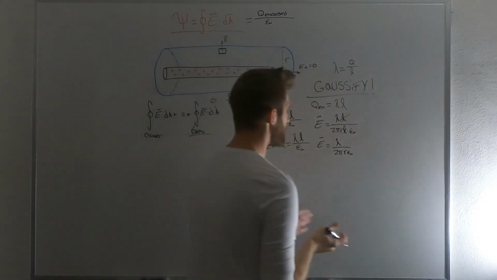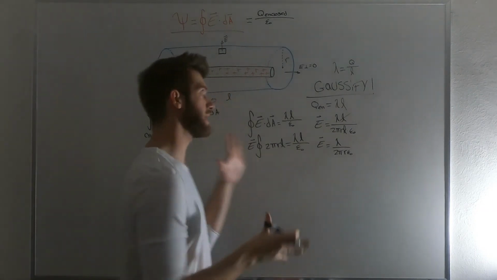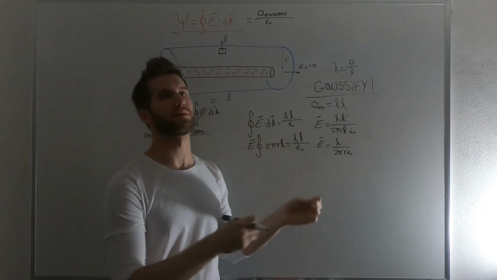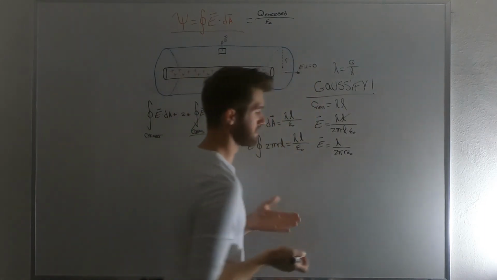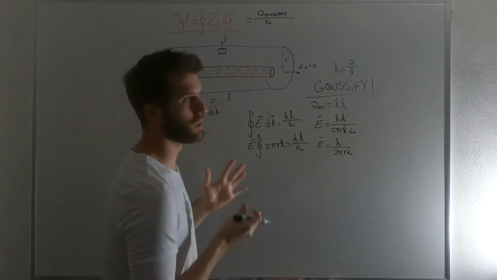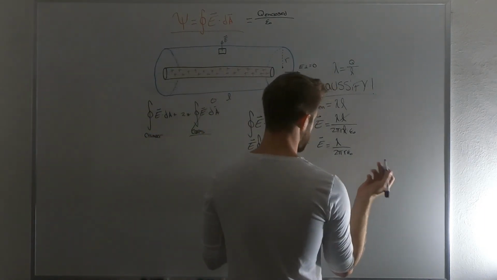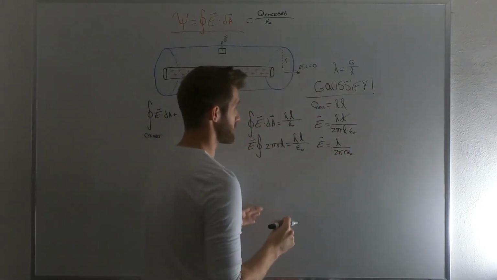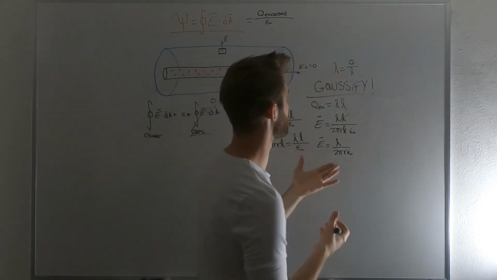And lo and behold, this is exactly what we calculated before with that long, cumbersome integral using trig substitution. That was, I mean, kind of a nightmare. It's doable, but it just takes time. So at this point, obviously, we just have Q over L. So that's effectively all this is.